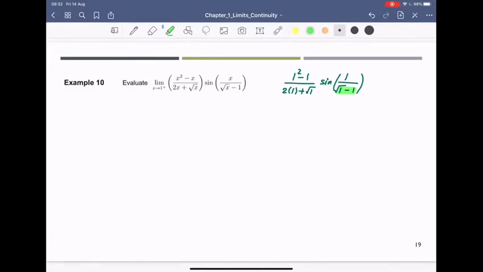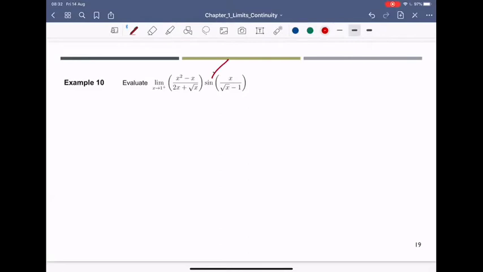And the 0 in the denominator is not a good thing, right? Because this is not defined. So you cannot just plug in the number. So what we are going to do is use the Squeeze Theorem.